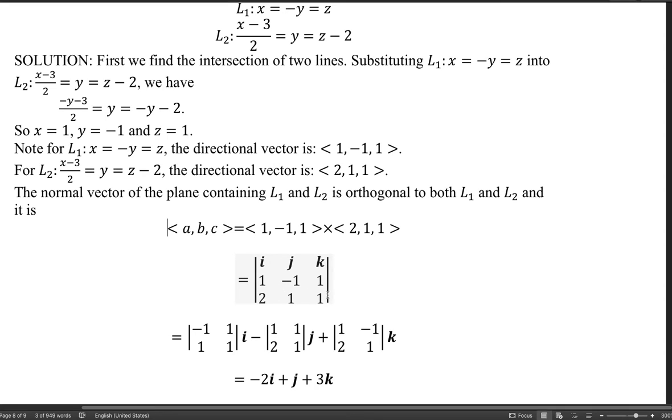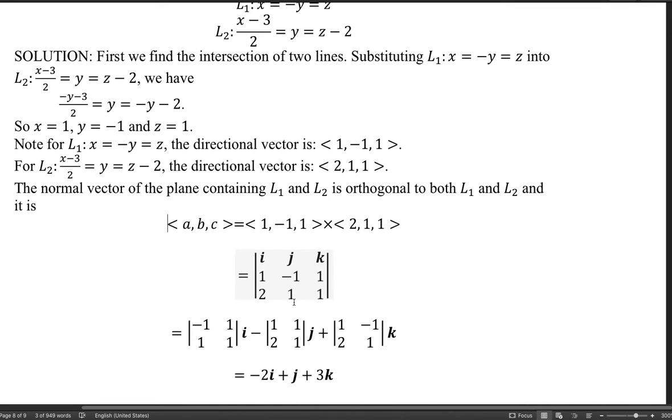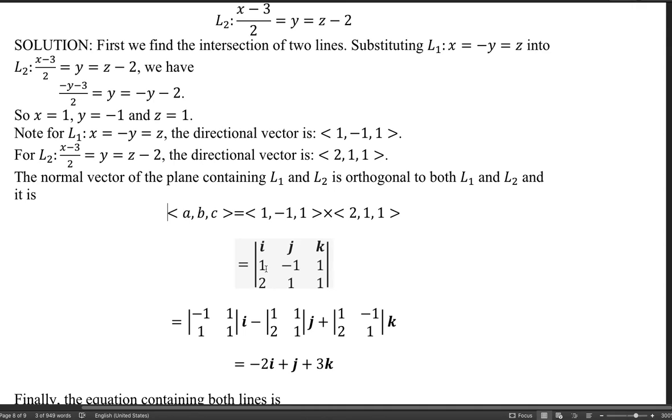So I'm having a 2 by 2 matrix. Similarly, you do that for j and k. And again, for the j component, there is a minus sign there. Let's try to finish all the calculation. Along the i component, I'm having this matrix. The determinant would be, I believe, -1 minus 1, that is -2. Then for the j component, that's 1 minus 2.